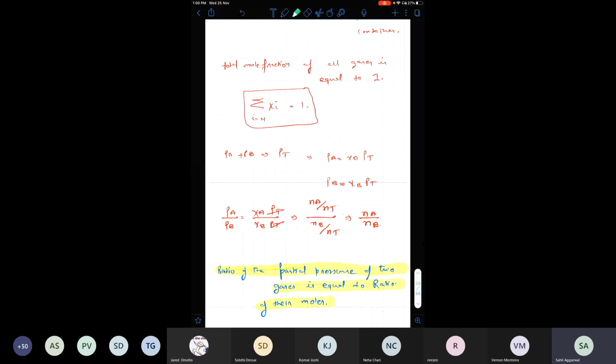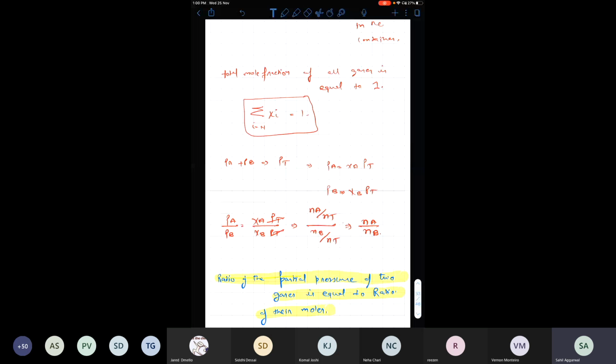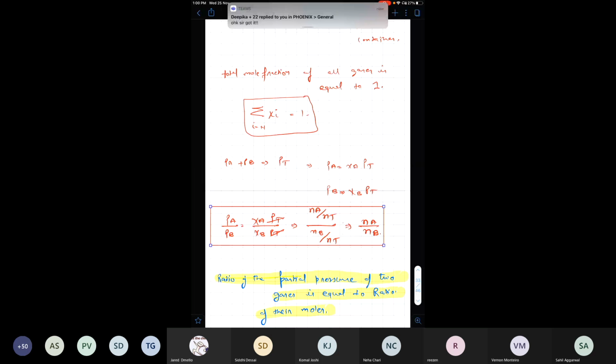See, Deepika, ये मैंने आपको डाल्टन लॉ में बता दिया था. Partial pressure ratio, molar ratio.